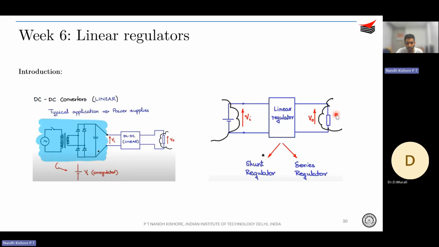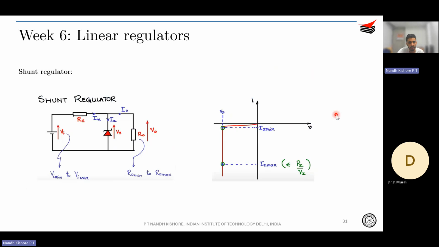We have two kinds of linear regulators, that is a shunt regulator and the series regulator. First we see about a shunt regulator, wherein we use the reverse characteristic breakdown property of a Zener diode. The Zener diode operates in the third quadrant of the diode, wherein you get a fixed VZ, irrespective of the load current.